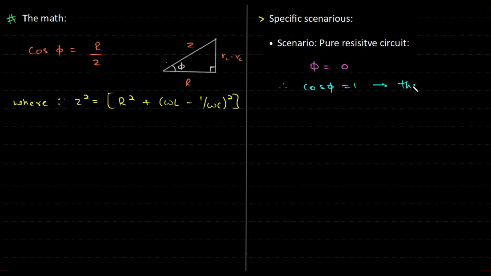This is nothing but your circuit being in resonance. So you'll get the maximum possible power. Your P will be maximum and it will be equal to IRMS into ERMS.